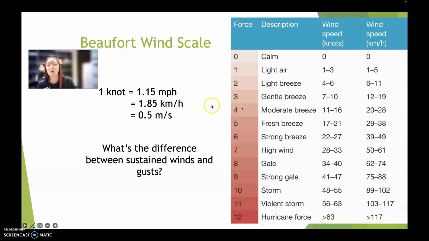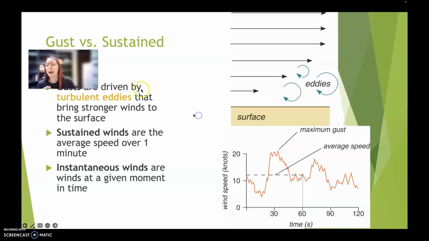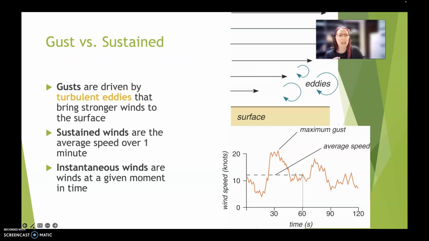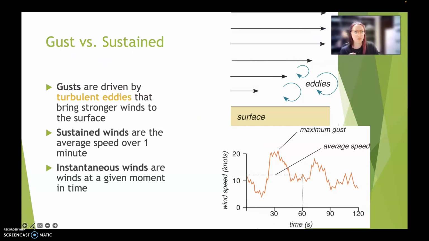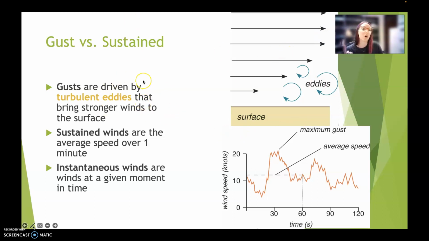Okay, so when we're talking about winds, we have three variables or vocabulary that we use. Wind gusts, which are technically driven by what we call turbulent eddies, like little circulations that happen in the atmosphere, and that actually brings stronger winds down to the surface.